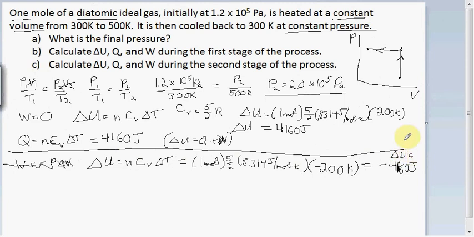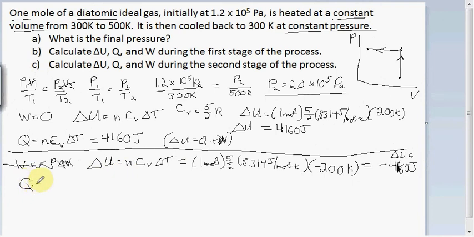That makes sense because basically the internal energy just depends on the temperature. So if we raise it from 300 to 500 and then lower it from 500 to 300, we're just going to be back to where we started on internal energy.